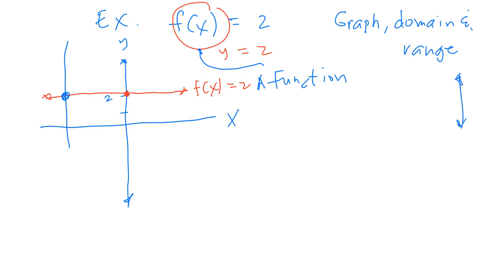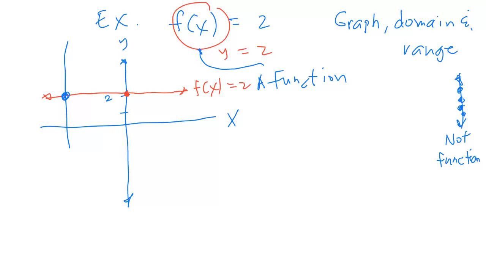That's not a function, because you have a vertical line and you have more than one intersection. If you can see, there are points along these lines. So you have plenty of intersections for the vertical line if you apply the vertical line test. So a vertical line is not a function, but this one is a horizontal line, so that's a function.